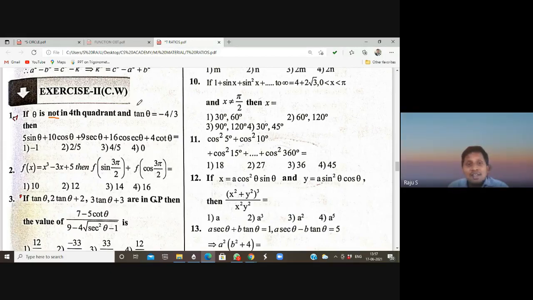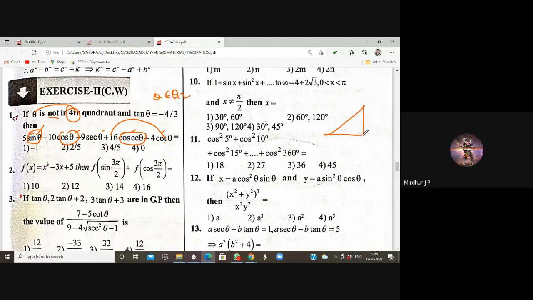Generally tan is negative in second and fourth, but they clearly gave theta not in the fourth, so theta must belong to the second. In the second quadrant, sine is positive, and cos, secant, and cot alone are negative. Find cot, secant, cos and all the values. Draw the triangle and points.